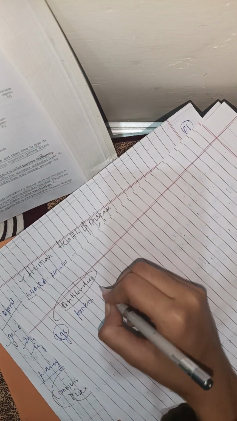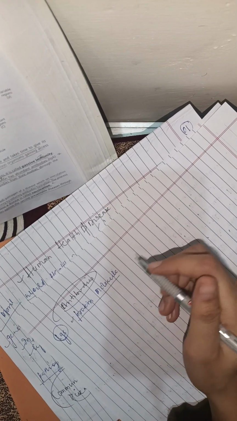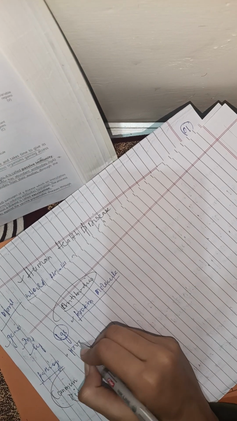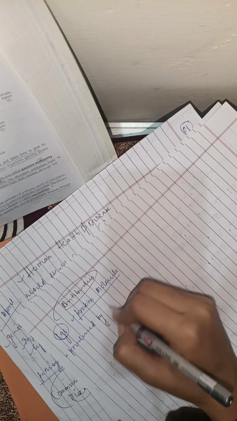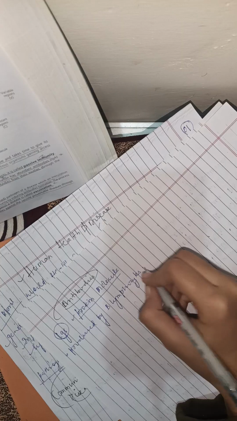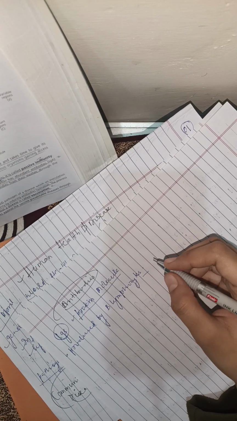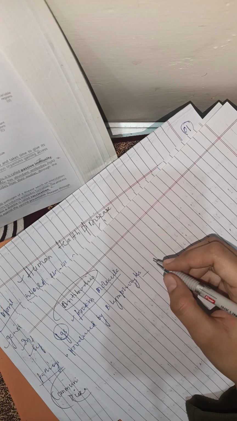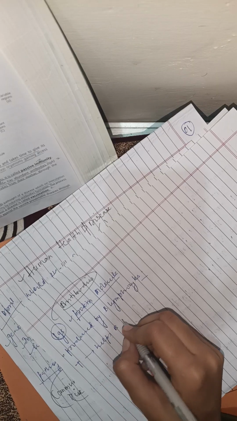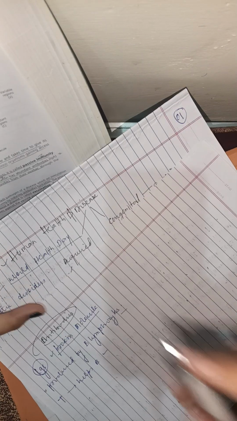Antibodies are produced by the B lymphocytes. T lymphocytes do not produce antibodies themselves but help B cells to produce them. T helps B. Okay.